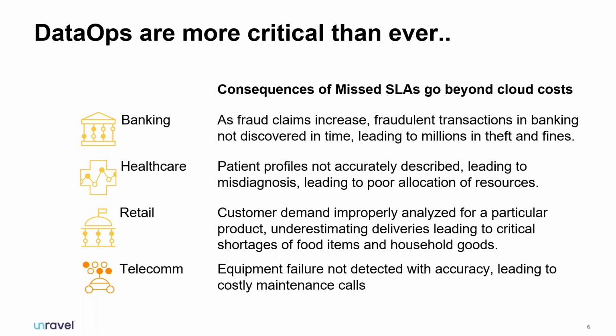So not only are tools like Unravel helping to resolve cost issues and performance issues, but not banking on the tools for productivity and efficiency could lead to millions in theft and fines. So it goes way beyond just infrastructure cost. It can lead to much larger volumes of cost in the financial services and banking sector.